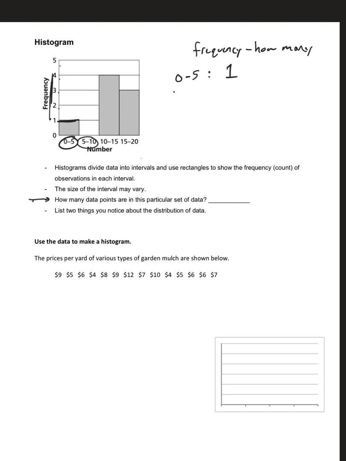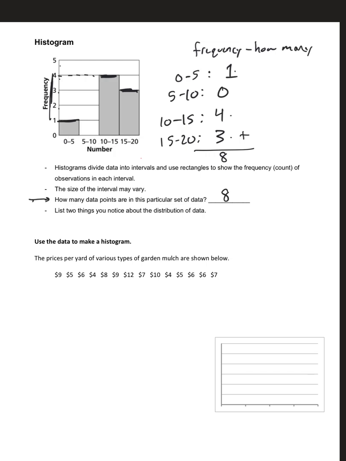On the range 5 to 10, we have 0 data points. On the range 10 to 15, all the way up here, 4 data points. At the range 15 to 20, all the way up here at 3 data points. So frequency tells us 0 to 5 happen once, 10 to 15 happen 4, 15 to 20 happen 3. All we need to do is add those up for a total of 8. So there are 8 different things in this frequency table.